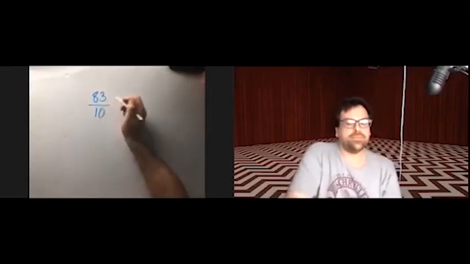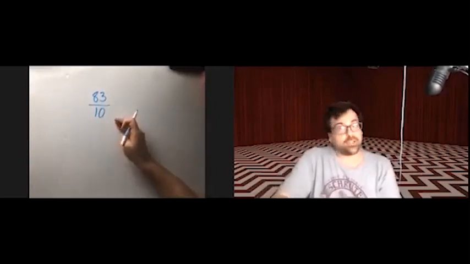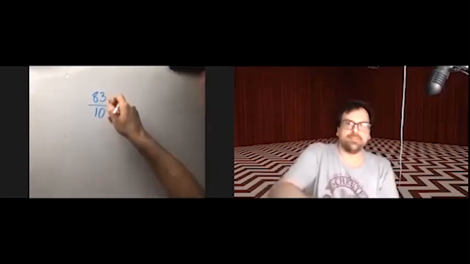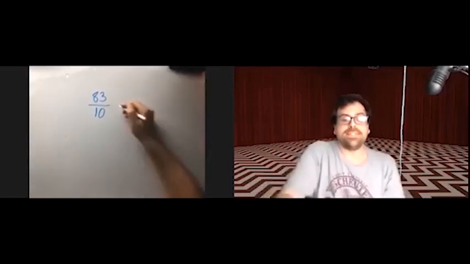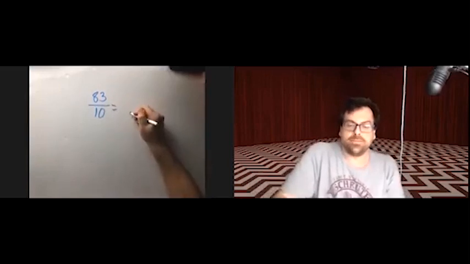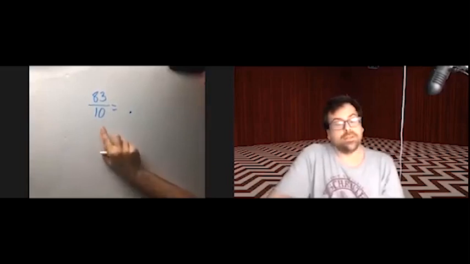83/10. We can still use our trick because we have tenths. But this is an improper fraction, so we would be expecting a mixed number. We would be expecting something greater than 1. There's going to be something to the left of the decimal point. So we're looking for tenths. Identify tenths.